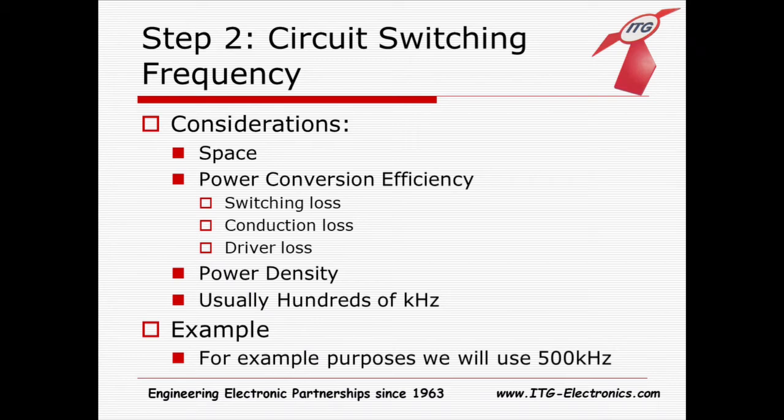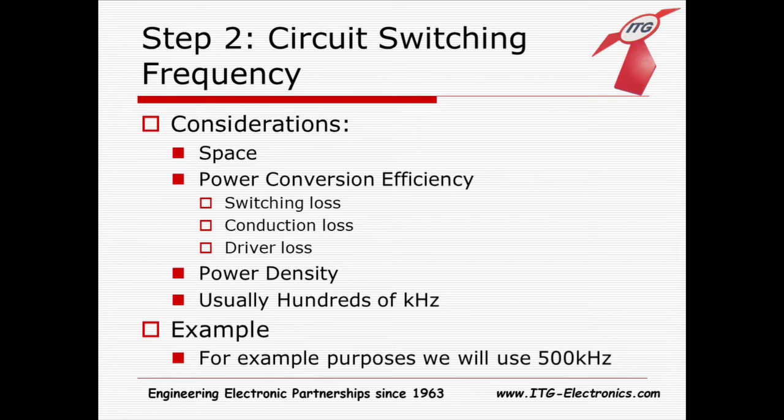With these 3 considerations, modern electronics, with the way these interactions are currently working with current MOSFETs, are usually in the hundreds of kilohertz for an optimal balanced switching frequency. If you favor space over conversion efficiency, you're going to be above that, maybe into the 800-900 kilohertz or even into the megahertz area.